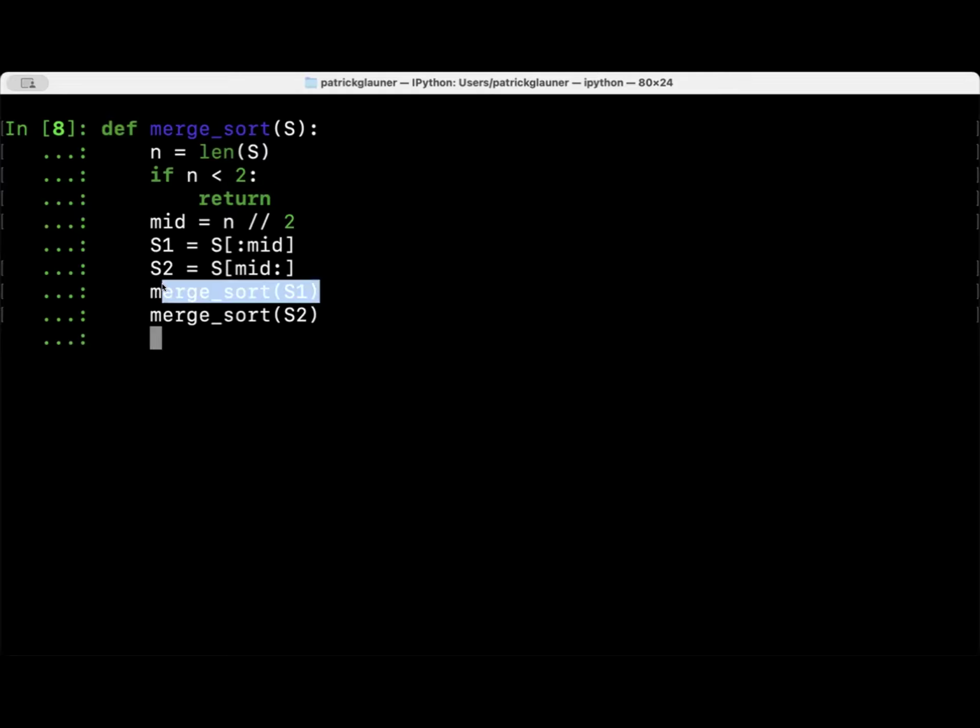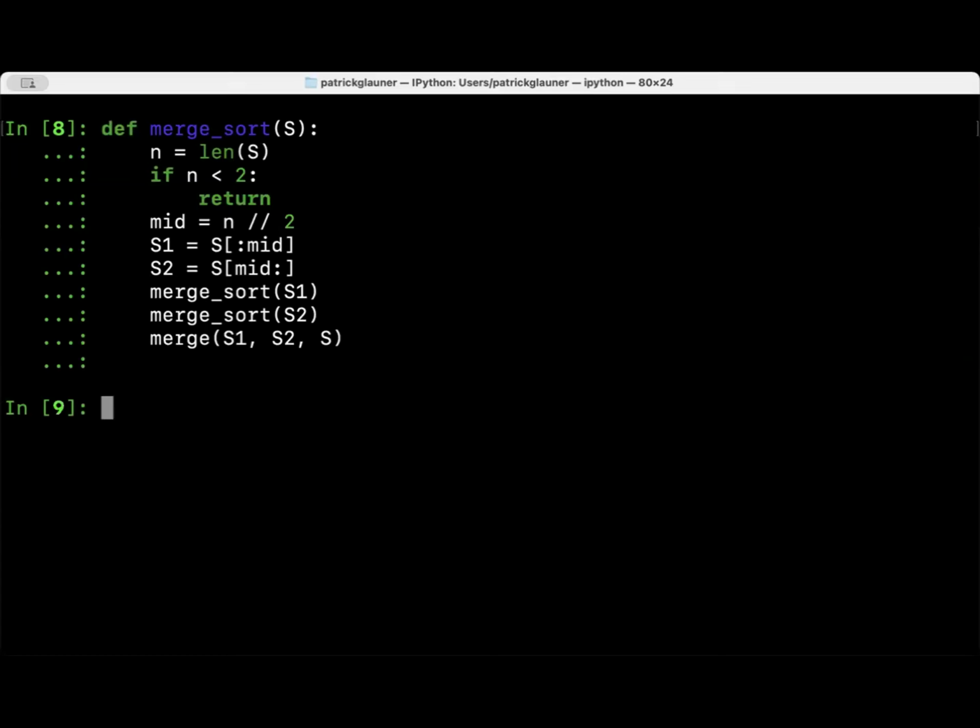What I get back is S1 sorted and S2 sorted, and then I need to merge my sorted S1 and sorted S2 into S. This is happening recursively until there are just single elements in a list, and these lists with single elements are merged together into a bigger S. And S is that reference that we are passing to the merge sort when we recursively call it.